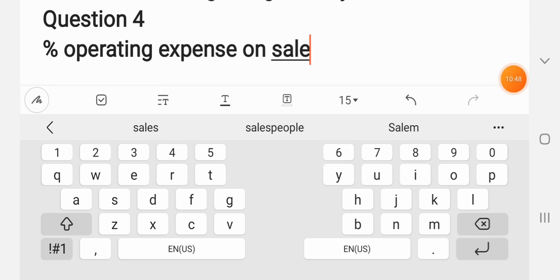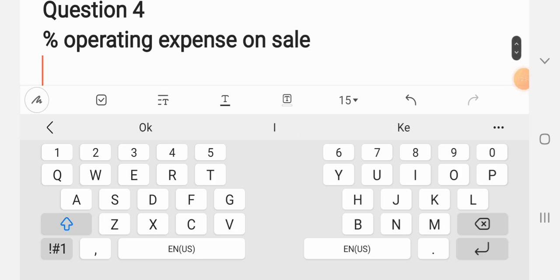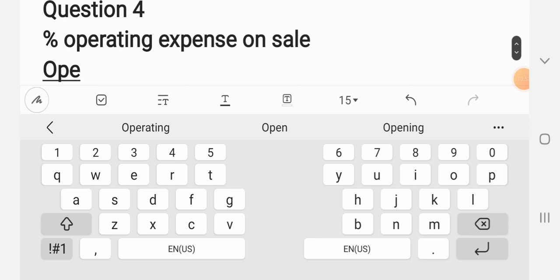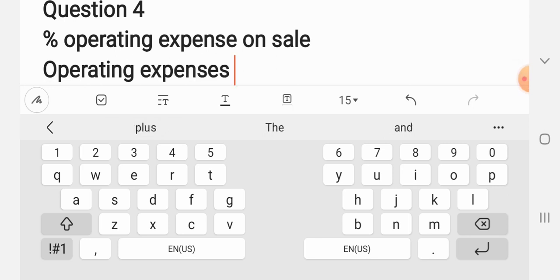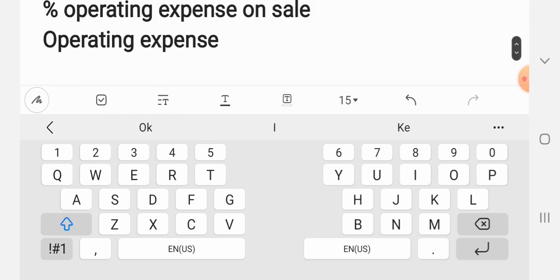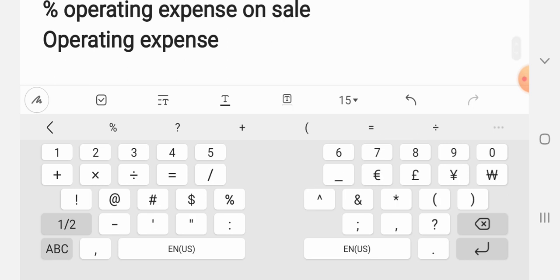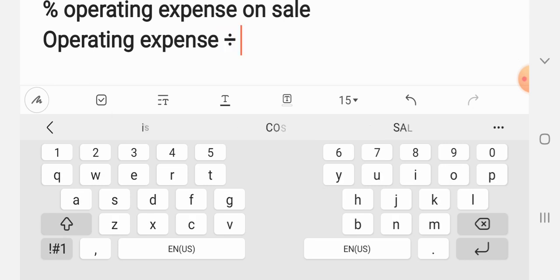So that's the first thing that we have to calculate. So to calculate this, we will have operating expenses divided by sales amount.